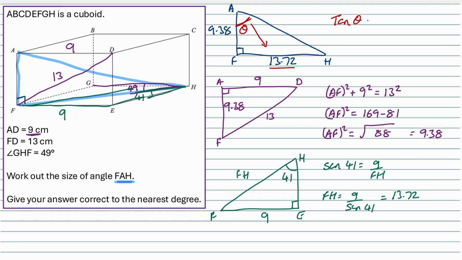So the tan of the angle theta will be 13.72 divided by the 9.38. We'll take the arctan of both sides, and when we work this out to the nearest degree, we get 55.6 or 56 degrees.